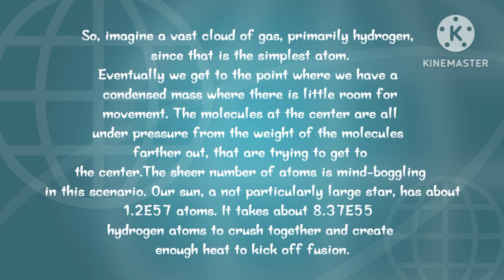The sheer number of atoms is mind-boggling. In this scenario, our sun, not particularly large, has about 1.2 E57 atoms. It takes about 837 E55 hydrogen atoms to crash together and create enough heat to kick off the fusion.